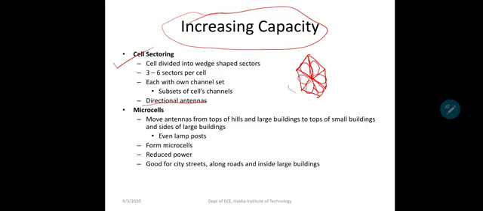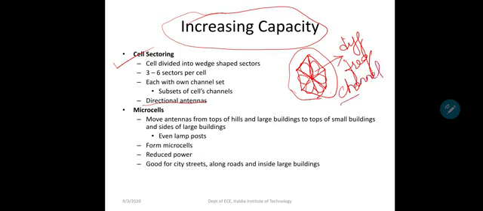All the 6 sectors are used, but with one particular condition: all these sectors in a particular cell will have different frequency channels. That means earlier, if there were 6 frequency channels utilized by one particular cell, now there will be 2 frequency channels utilized by each sector of a cell. So this is how we improve the capacity of the cellular network.